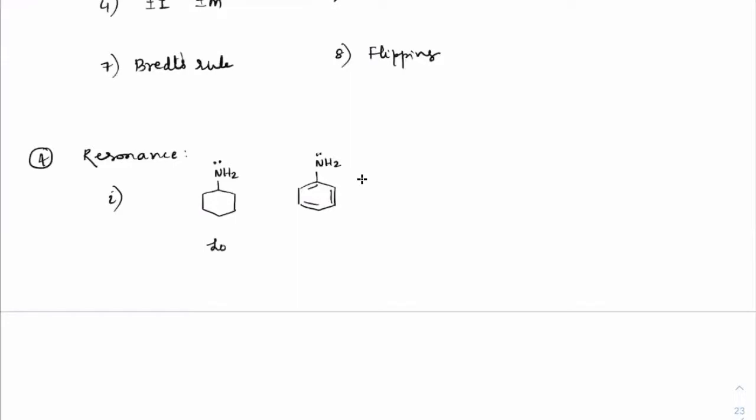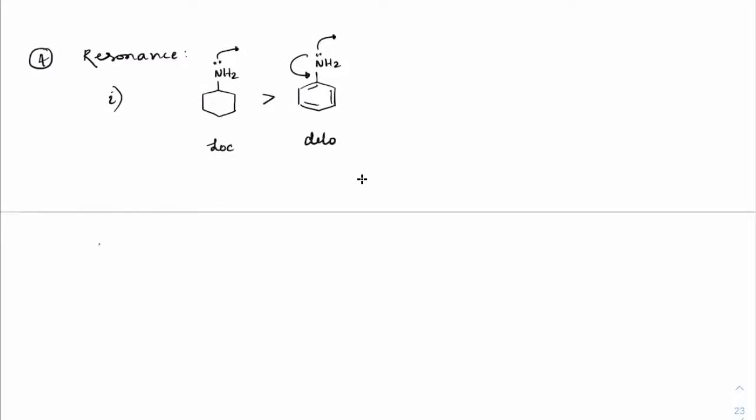Okay, I'll call it localized and delocalized. Which is to be more preferred? Where is the lone pair more available? Here the lone pair is available. Here the lone pair is less available because the same lone pair will be involved in resonance as well. Clear? So which is more basic? NH2 with localized electrons is more basic. Focus everyone, make sure that you understand every case properly.